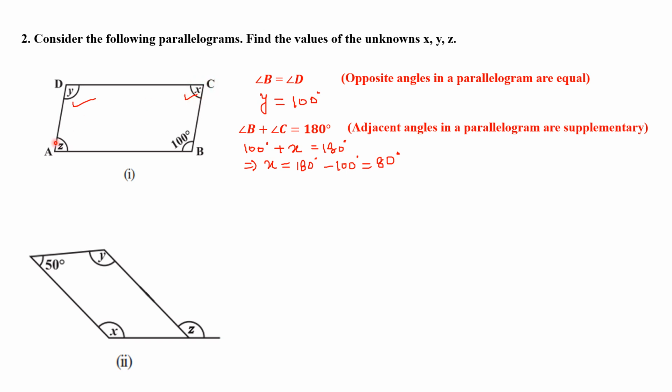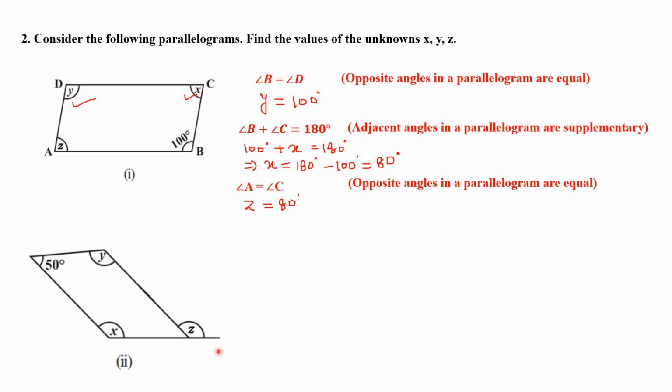So since opposite angles are equal in a parallelogram, the value of z will also be 80 degrees, because opposite angles in a parallelogram are equal. Now moving to the second part of question number 2. Here also you have to find the values of x, y and z, right?